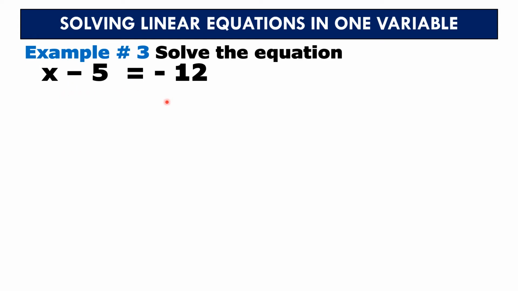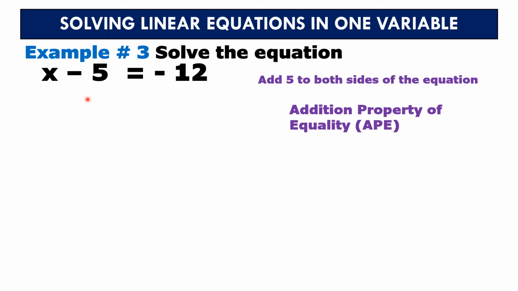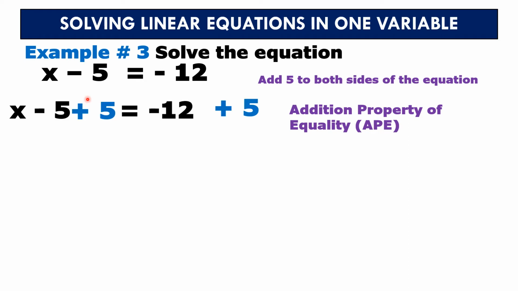Again, we need to isolate x on one side of the equation. By applying the addition property of equality, to isolate x, mag-add tayo ng 5 to both sides of the equation. We now have x, kasi this is negative 5 plus 5, 0 na yan, equals negative 12 plus 5 is negative 7.